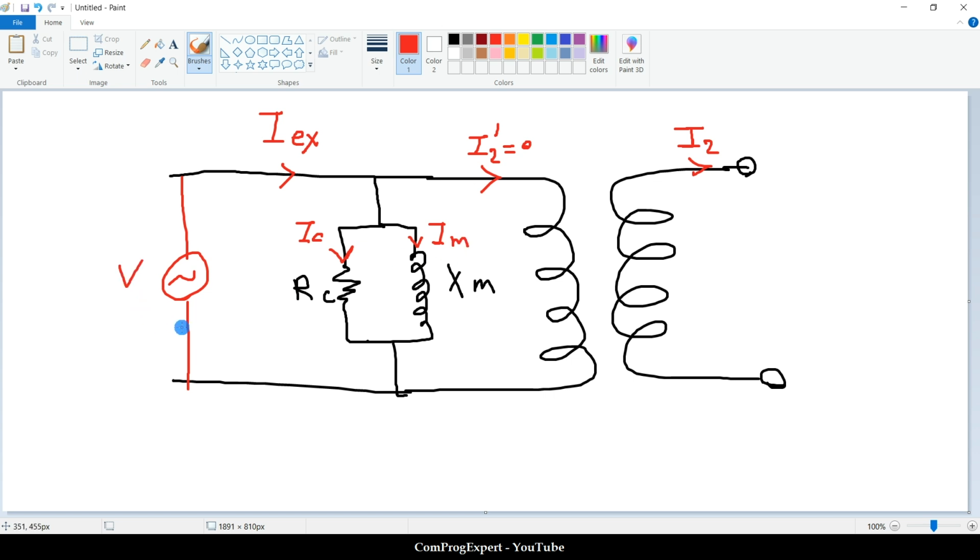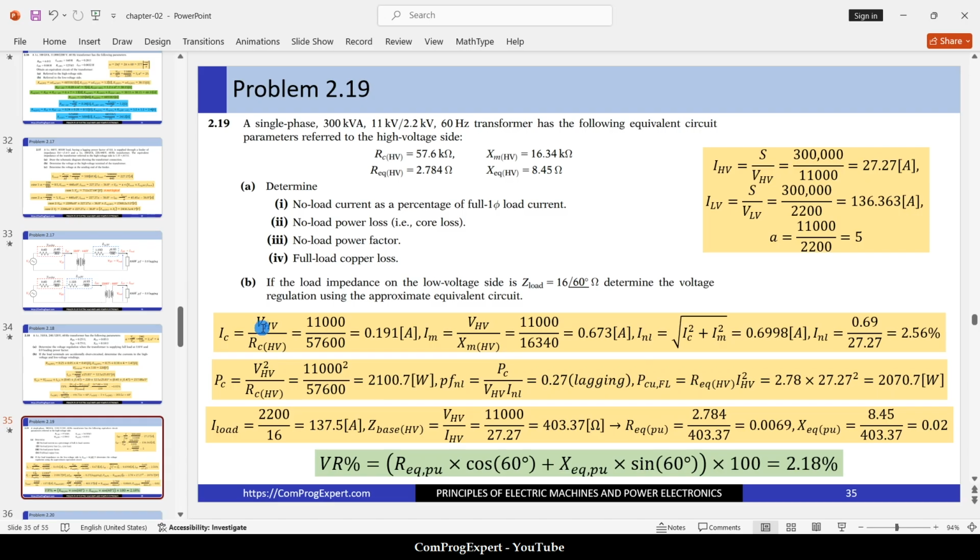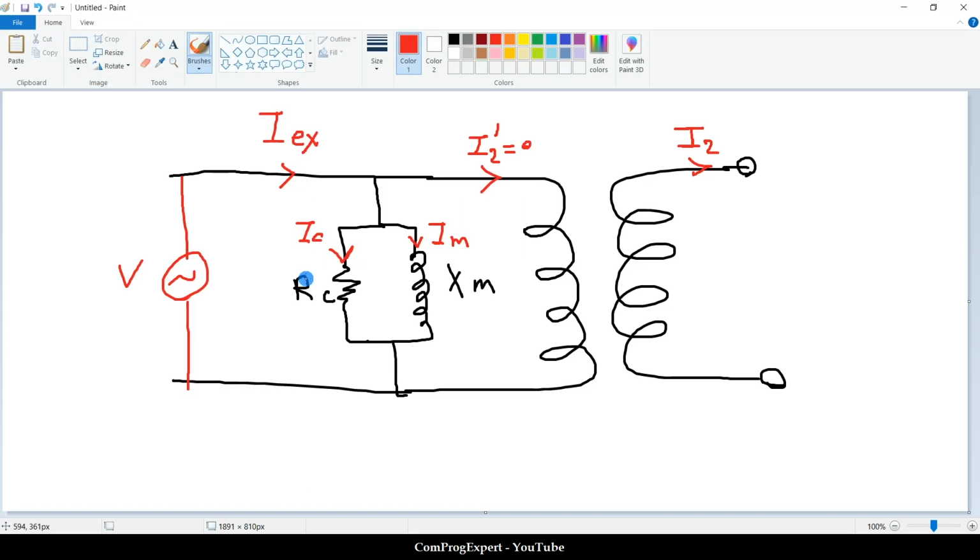This is the input voltage. The value of the high voltage winding voltage divided by the equivalent core resistance is equal to the amplitude of IC. Yes, the amplitude of IC is equal to V1 divided by RC according to this circuit.